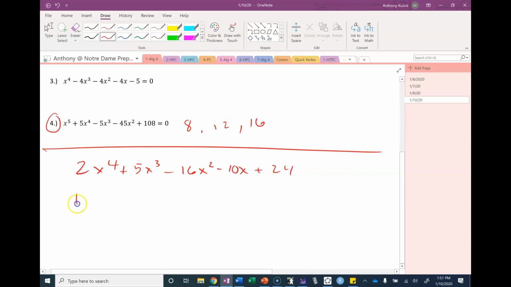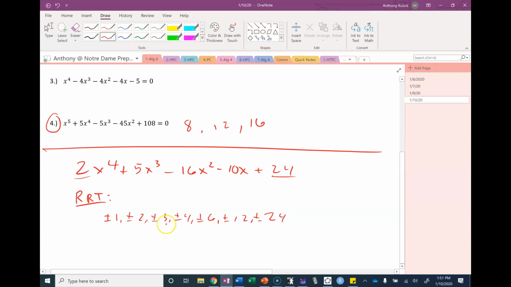So the first thing I want to do is list my possible rational solutions. That's going to be the factors of 24 divided by the factors of 2. The factors of 24 are plus or minus 1, 2, 3, 4, 6, 12, and 24.